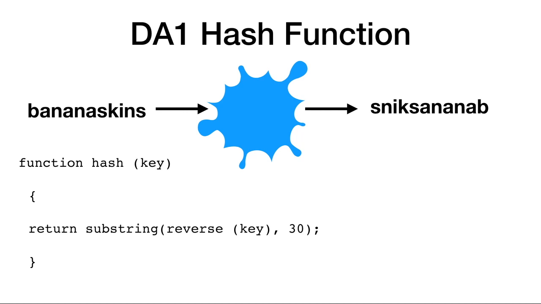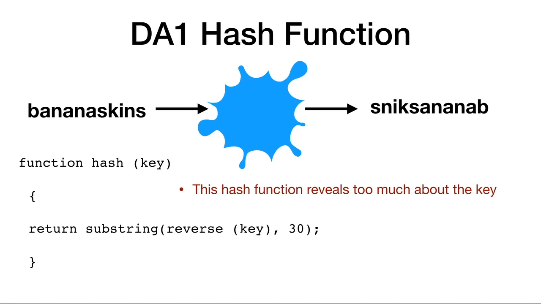So if the key is smaller than 30 characters, then all you're getting is the reverse of the key as the hash. And so it's possible to take the hash and figure out what the key was.